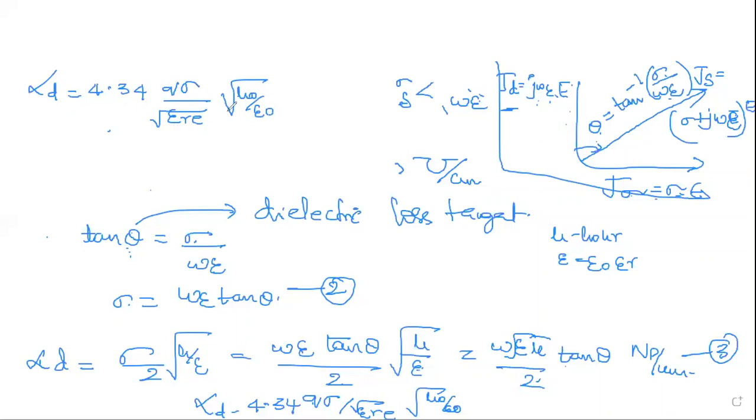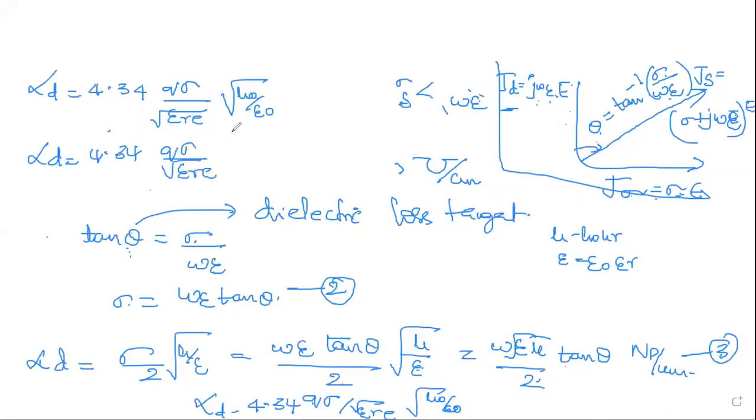You have to learn the equation by heart. This equation is for the upper dielectric above the microstrip ribbon when you consider it as air, in which the losses will not occur. So the equation is 4.34 q sigma by square root of epsilon re square root of mu naught by epsilon naught, which again you substitute for mu naught and epsilon naught.